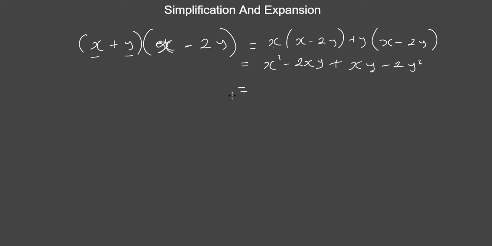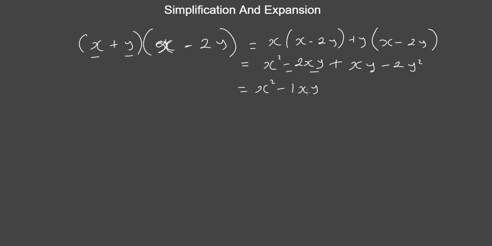The next thing I want to do is to simplify it. Try to look for terms that are very similar. If you can find any, you add them up or you subtract. So let's see. Can we find x squared here? No, there's no other x squared. Can we find xy? Yes, we can find another xy. So we'll combine these two. If you can't find a coefficient, just know that the coefficient is 1. So here you have minus 2 plus 1, and minus 2 plus 1 will give you minus 1 xy.